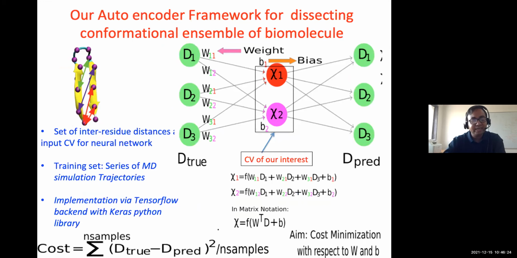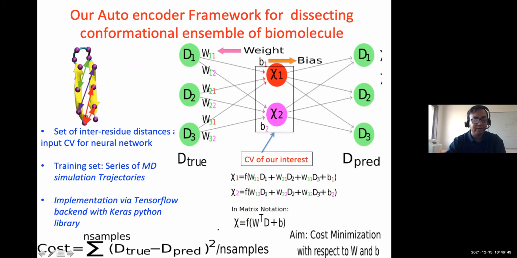So what we decided is that instead of using any of those user-guided collective variables like the number of hydrogen bonds, native contacts or radius of gyration, why don't we take even more fine-grained input coordinates and see whether we can come up with something. To be more specific, let us say we are talking about a beta hairpin with a set of residues.